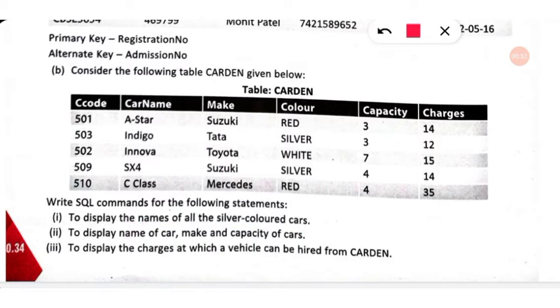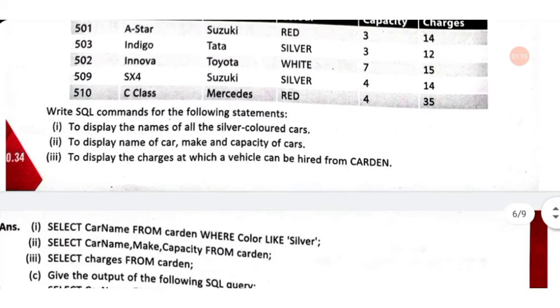So you have to write the select statement, and inside the select statement you have to give only the names. The names are in this table in the column car name. So in the select statement you have to give the column name as it is: select car name from garden, and it is given silver colored.